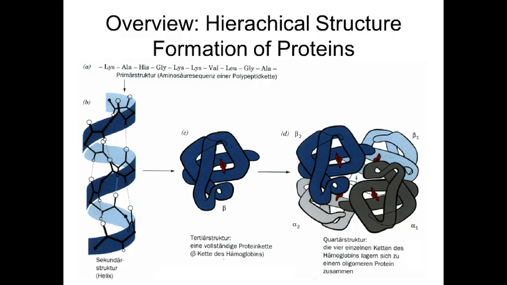In this case, it is described how the same folded polypeptide chain interacts with others to form a multi-enzyme complex, or how different polypeptide chains arrange in three-dimensional space relative to each other. This is the quaternary structure, and this is shown here on the right-hand side of the slide.